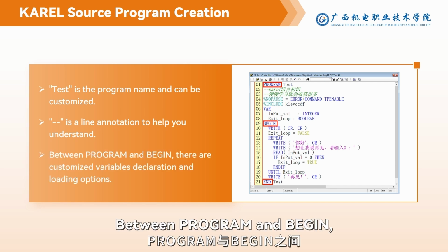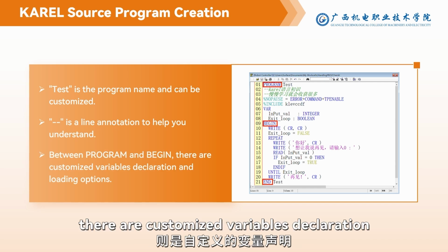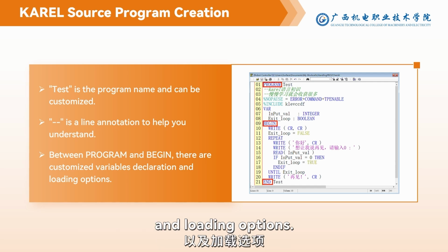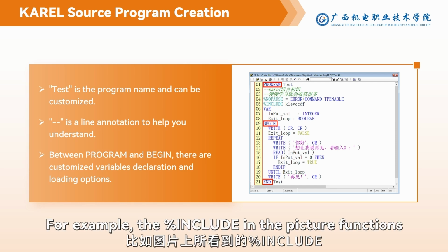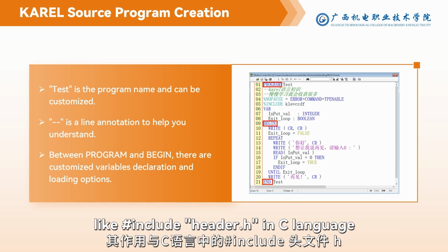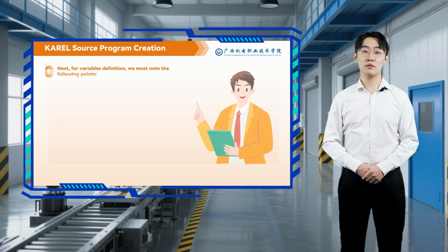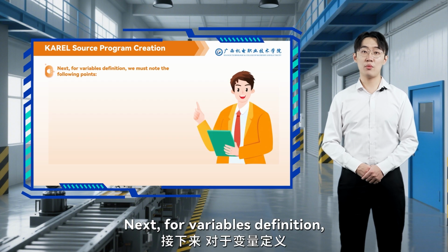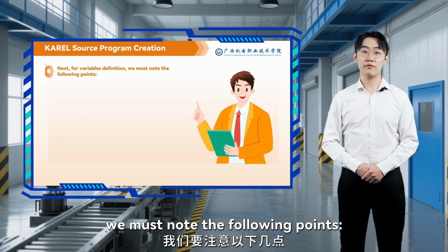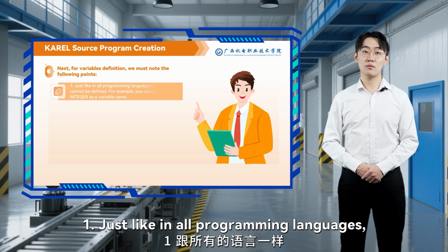Between program and begin, there are customized variables, declarations, and loading options. For example, the include in the picture functions like include stdio.h in C language and import in Python. Next, for variable definitions, we must note the following points. 1.